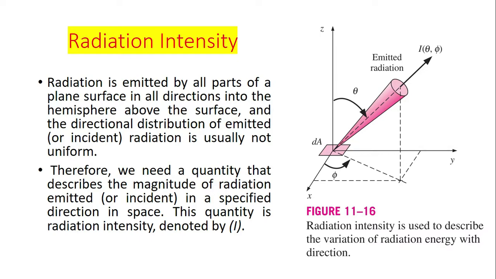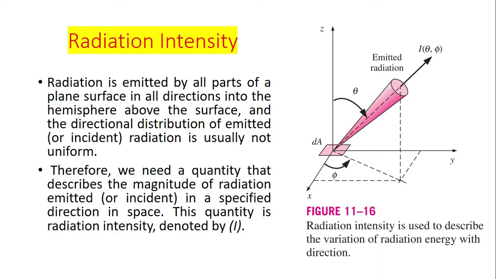But in the case of a real body this is not uniform. Therefore, we need a quantity that describes the magnitude of radiation emitted or incident in a specified direction in space. That's why we have the radiation intensity, and this quantity is represented by I, right?